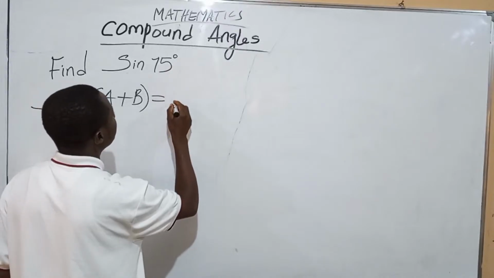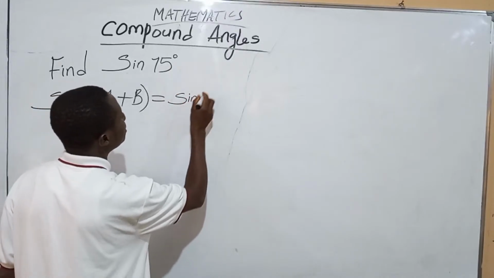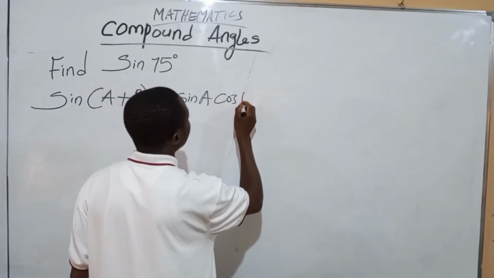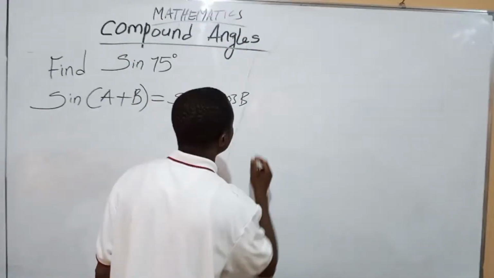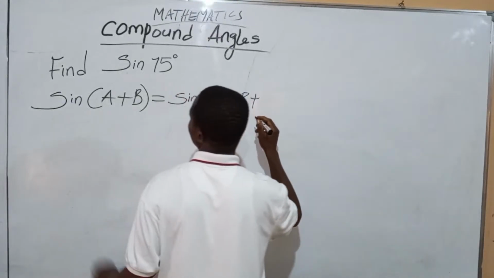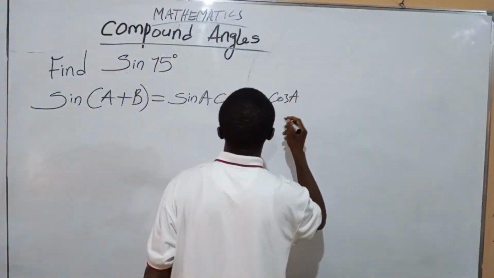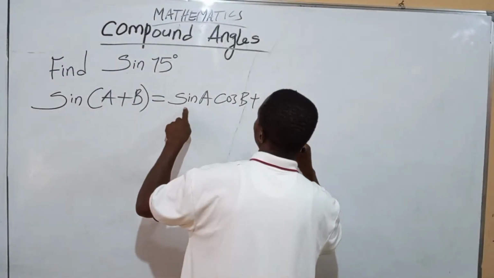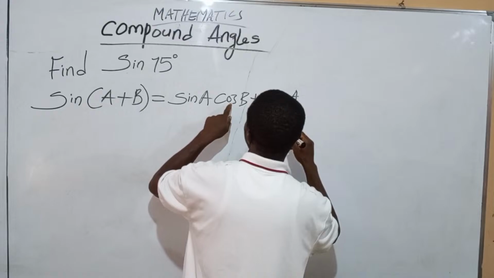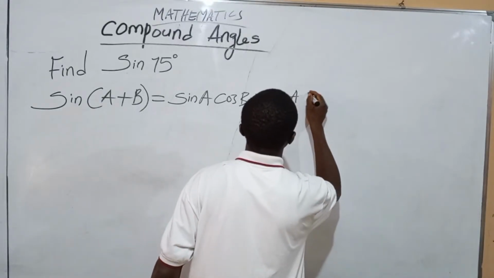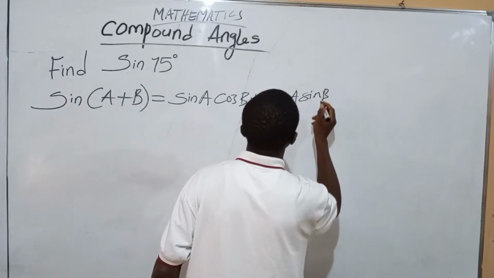Sine A plus B is equal to sine A cosine B, plus cos A sine B. Look at something like this.